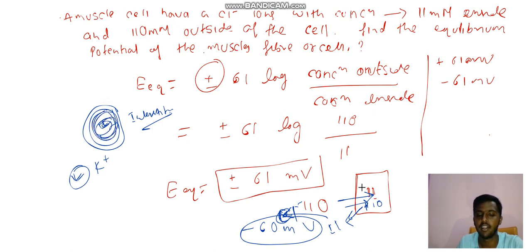Like that, in the question given, 11 millimolar concentration is inside. So to be in equilibrium, it has to move inside from the outside, where the concentration is more. So that's why the chloride ion is there. So negative concentration increases inside. That's why it is negative. Okay.